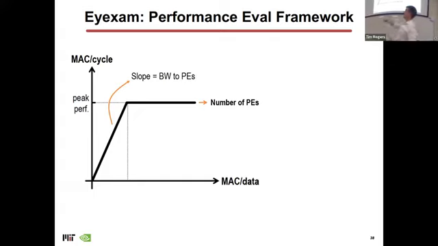If I go to the left on the x-axis, that's a crappy workload for a giant machine, because I need to do very little work for every piece of data that I load. So that's basically the compute intensity. This isn't the only way to do roofline. Generally the x-axis is data intensity, and how you choose to represent it usually depends on the program. For neural net accelerators, it's MACs, because that's all they're doing. So it's MACs per data.